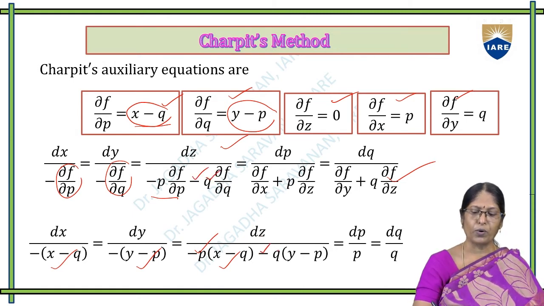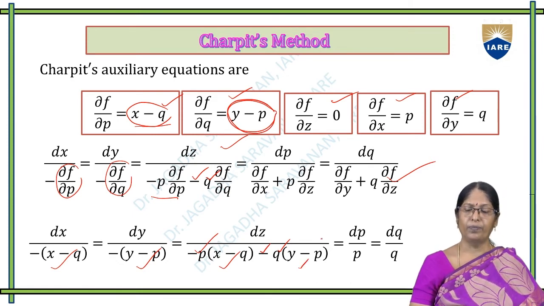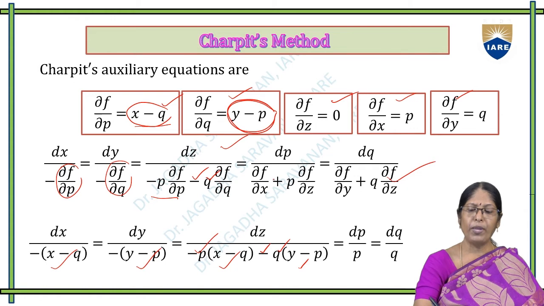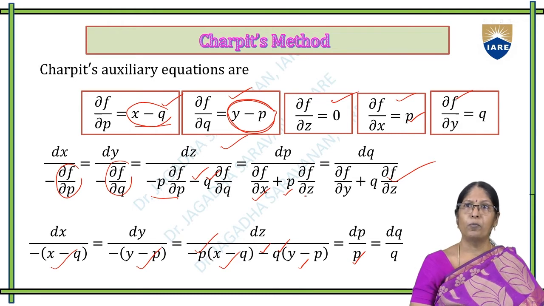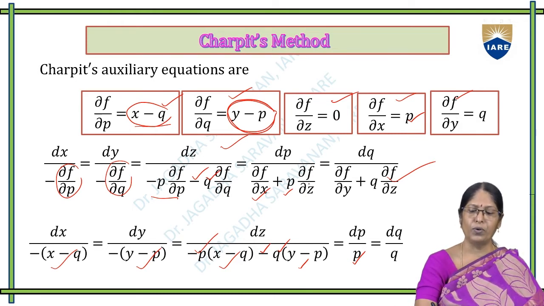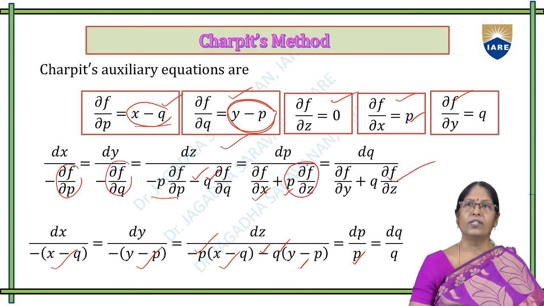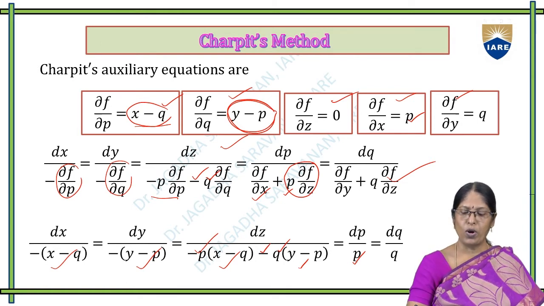Here the minus sign, this minus sign, q, here also q. Then minus q times ∂f/∂q, that is y − p, is substituted here. Next, dp over ∂f/∂x + p ∂f/∂z: ∂f/∂x is p, and ∂f/∂z is 0, so that term vanishes and only dp by p remains.